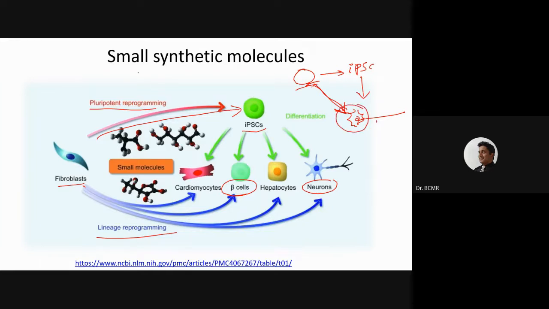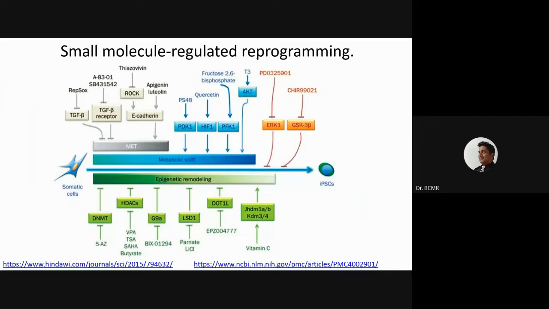So several labs have tried out different synthetic molecules, and there is a huge list of those, but I'm not going to discuss all of them. But what we can try to know is there are possibilities where there are several compounds.